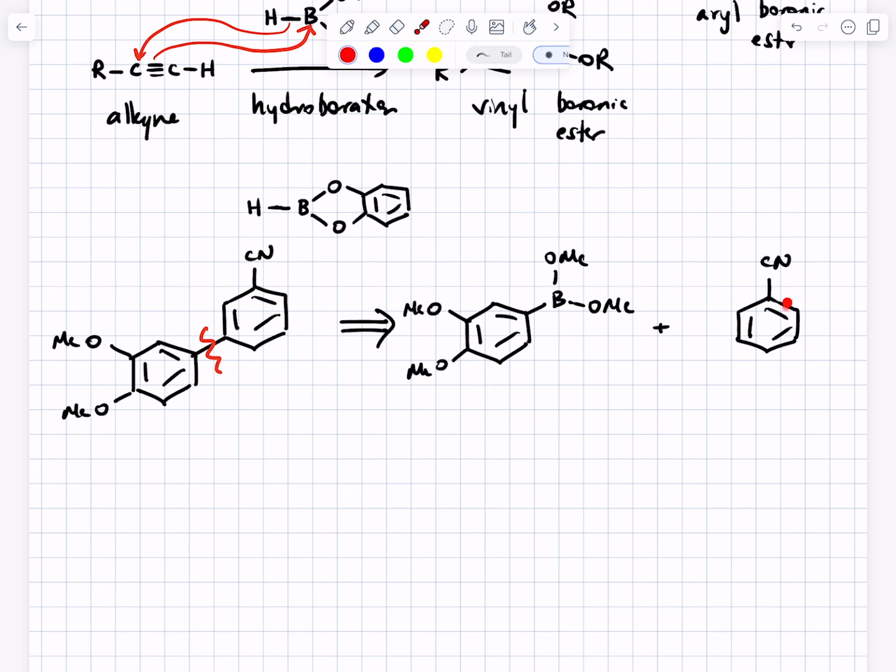And on which carbon would I put what functional group? The halogen on the meta to the cyano? Okay, good. That's really all there is to it, thinking backwards through the Suzuki reaction. Okay. All right, other questions?